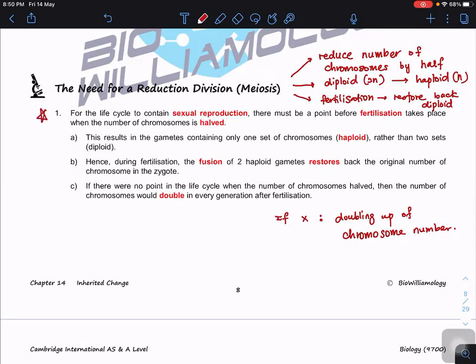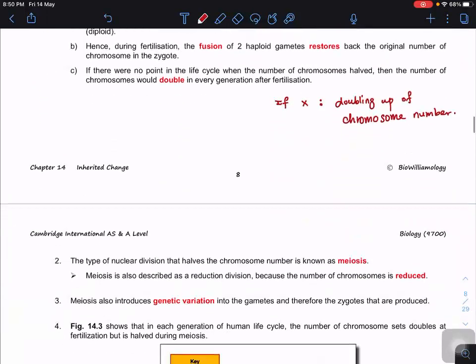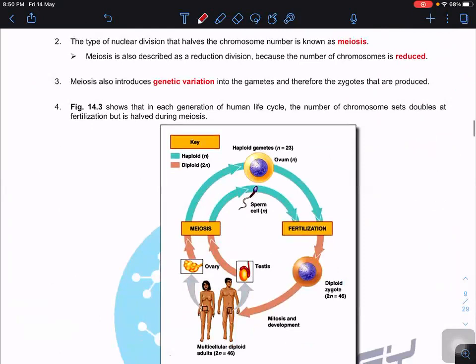This is very important for answering questions about the need for reduction division. The type of nuclear division that halves the number of chromosomes is termed meiosis, and meiosis also introduces genetic variation. We will learn it when we come to the third part.